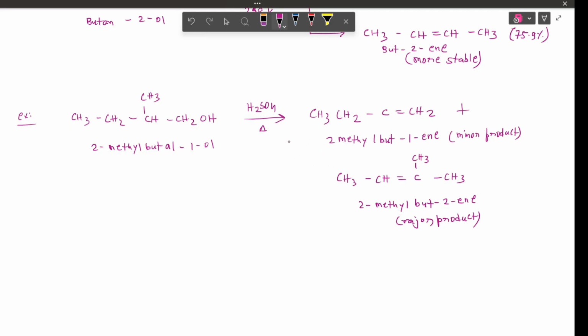In some cases, that is in this case, the rearrangement of the initially formed less stable carbocation to a more stable carbocation takes place, followed by loss of proton. And if the major product is capable of showing cis-trans isomerism, then the trans product will predominate.